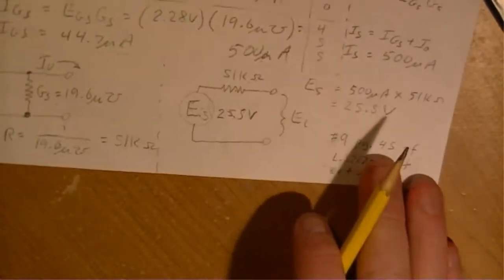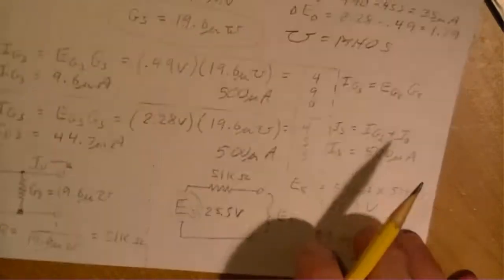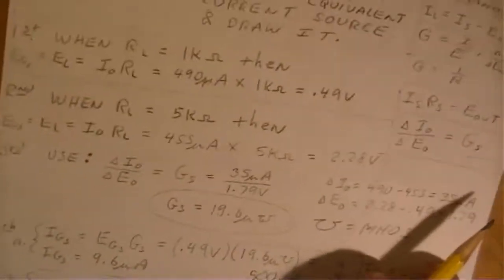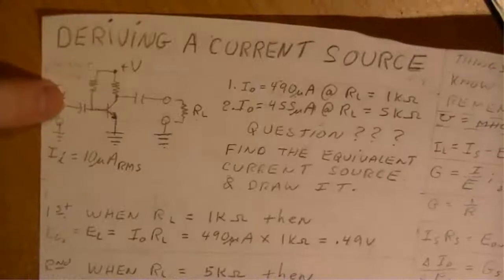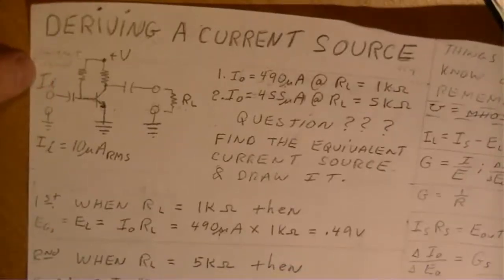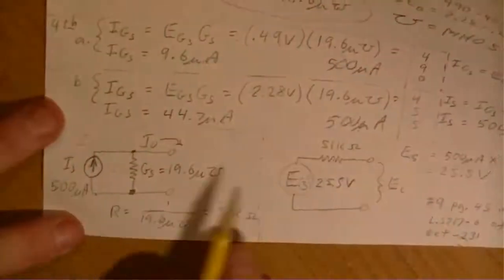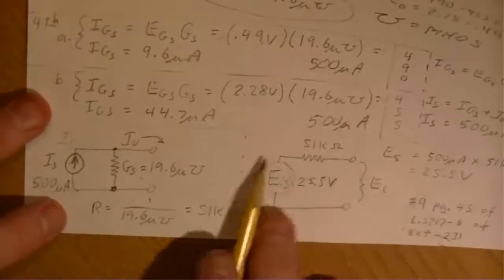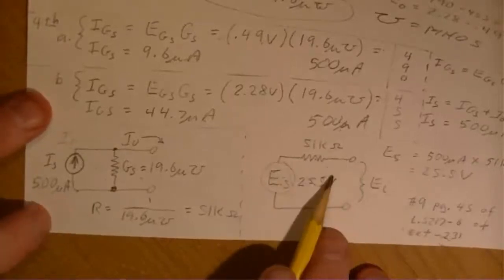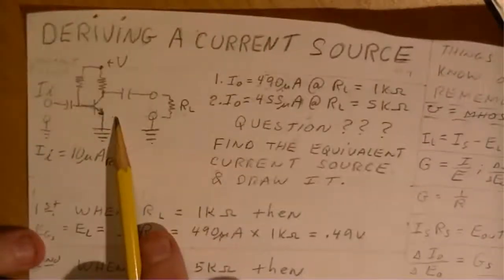So that's essentially how you find the equivalent or the duality of a circuit like this. It's the current source in its most simplistic form, and then you can convert that to the duality of a simple voltage source. So here's the voltage source, here's its current source, and here's its duality.